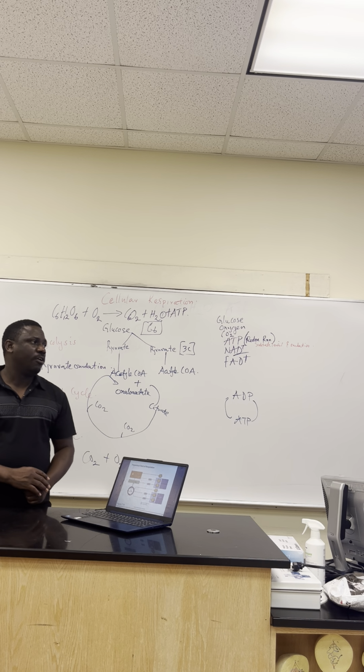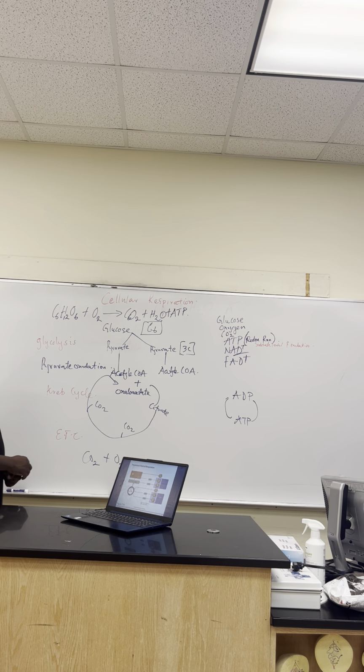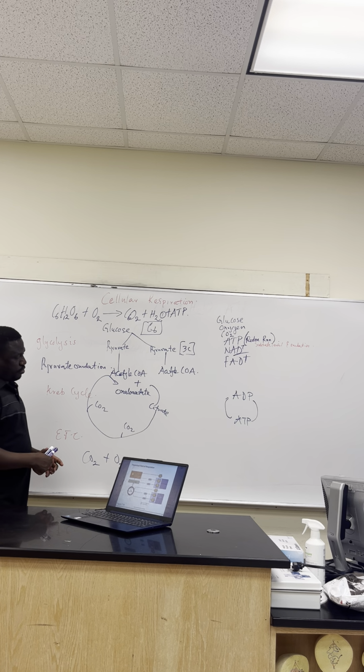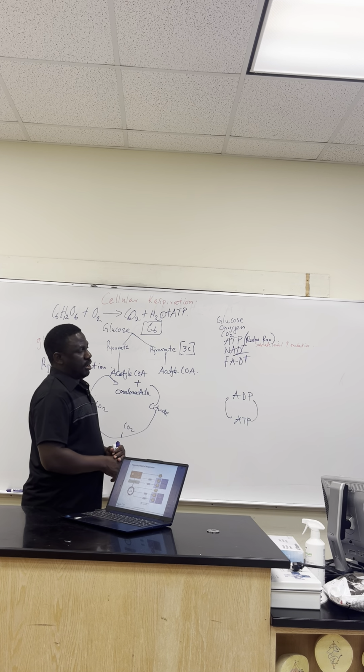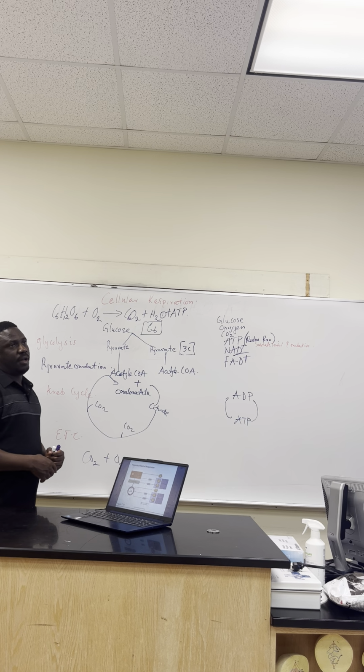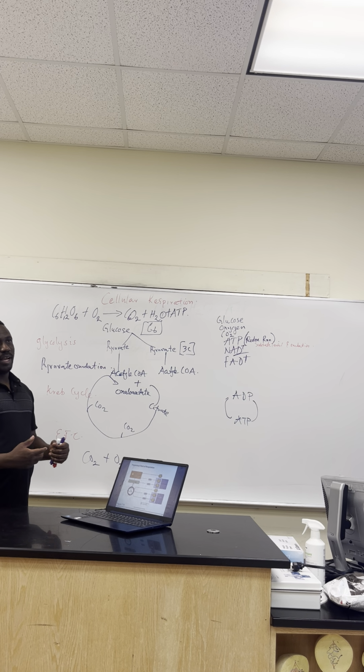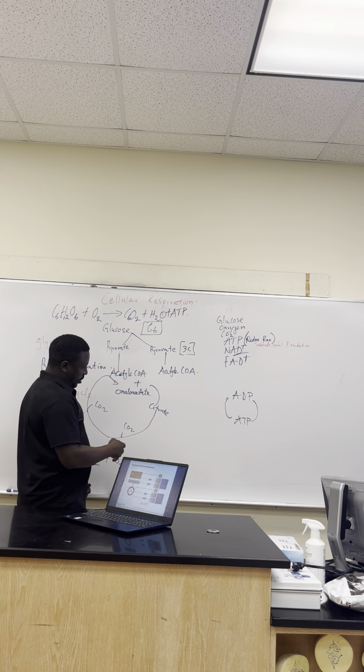The process involved is called chemiosmosis. It literally works like a rotary, where the protons are separated from the electrons, and all of those protons are pumped into the intermembrane space.